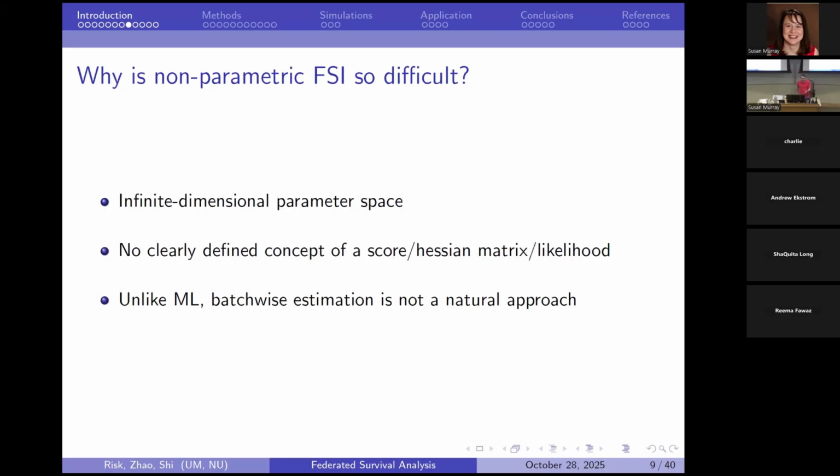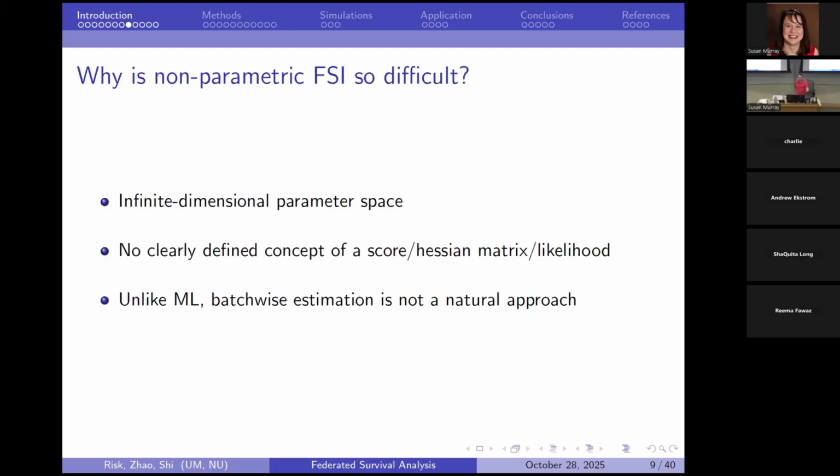So a lot of the existing methods that people have developed for federated inference aren't very effective. The second thing is that we don't really have a clearly defined concept of a score or a Hessian matrix or a likelihood that often makes it easier to share summary statistics and fit these models. And then finally, unlike in machine learning, batch-wise estimation isn't really a natural approach.